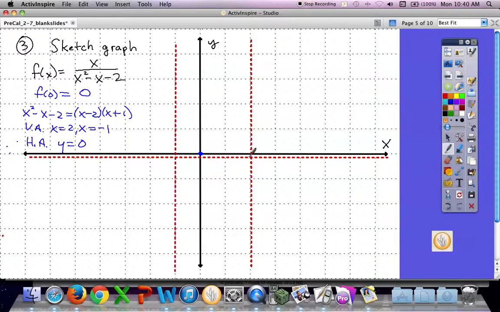Okay, so now let's do our table of values. Let me see what this one looks like so I don't cover up my space. I'll do my table of values over here, X and Y. So how about if we pick to the left of this vertical asymptote, I'm going to say negative 1.5, negative 3, and negative 5.